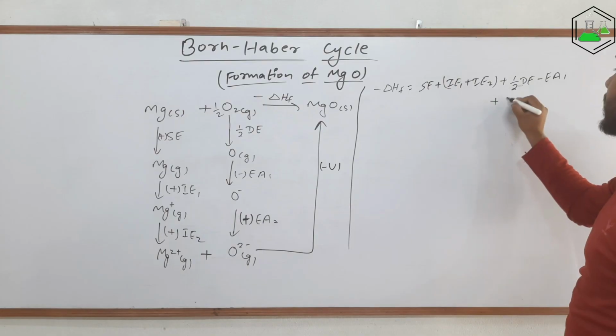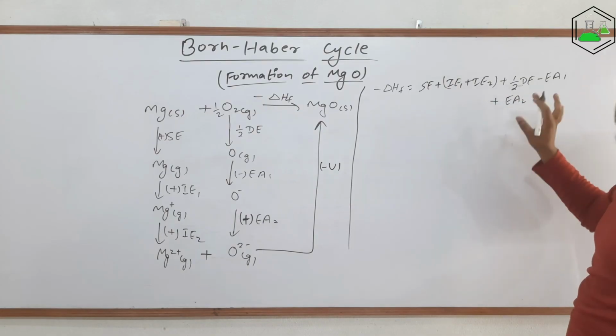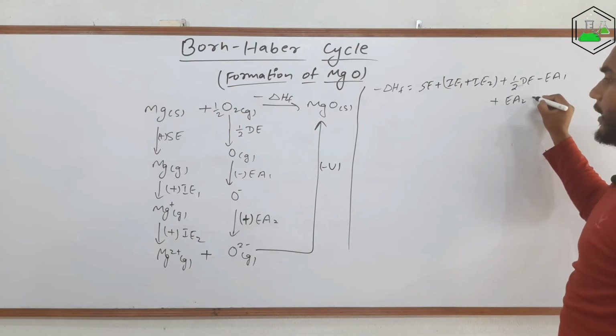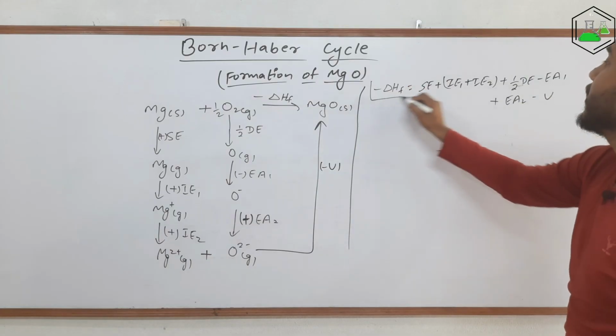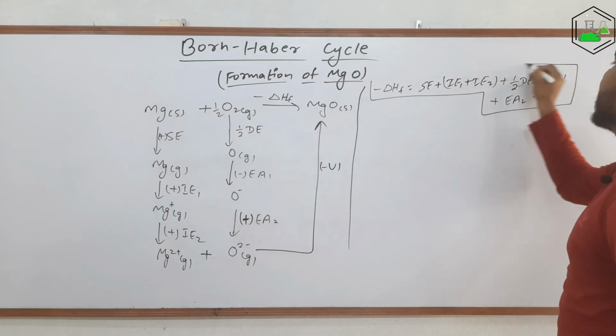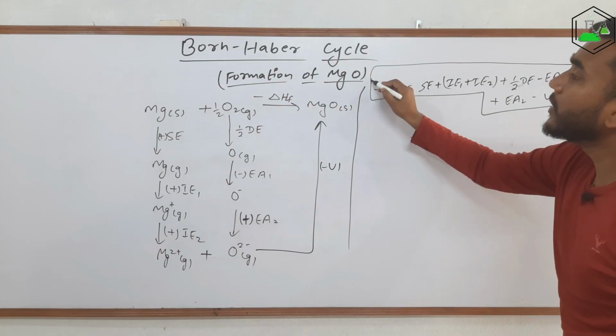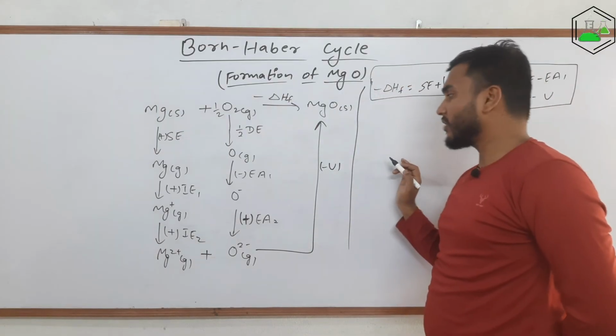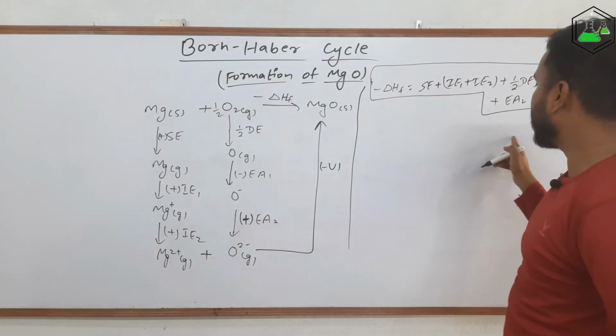EA1 plus EA2, you have to be very much careful over here, and finally minus U. This is the final expression. This is the final expression for the formation of magnesium oxide compound according to the Born-Haber cycle.